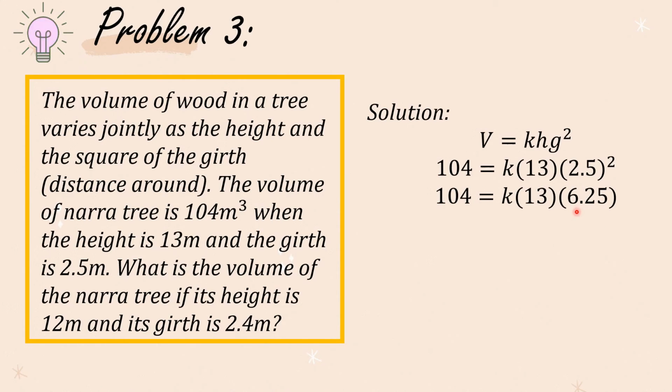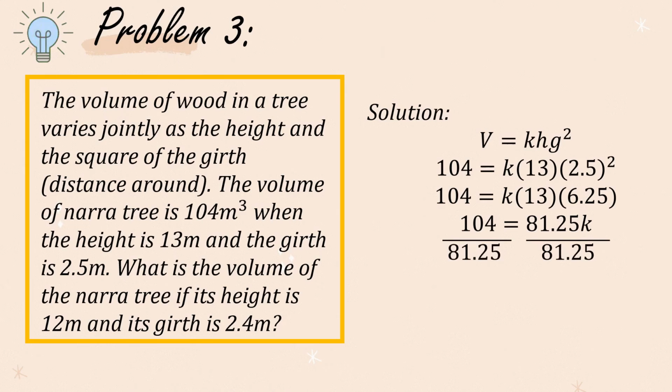After that, we have to multiply 13 times 6.25 and K. What will be the answer? That's correct. The answer will be 81.25 K. Just like what we did to the other examples, we have to eliminate 81.25 to isolate K. What should we do to do that? Very good. We have to divide both sides by what number?